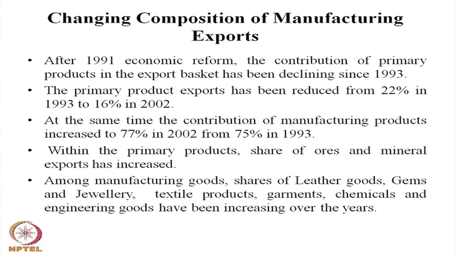Among manufacturing goods, the shares of leather goods, gems and jewelry, textile product, garment, chemicals, and engineering goods have been increasing over the years. This has given a new phenomenon to the export basket, which now constitutes more value-added export rather than non-value-added export or the raw material earlier. So, after the economic reform measures, value-added export has increased in our export basket. This is a good sign for export earning.